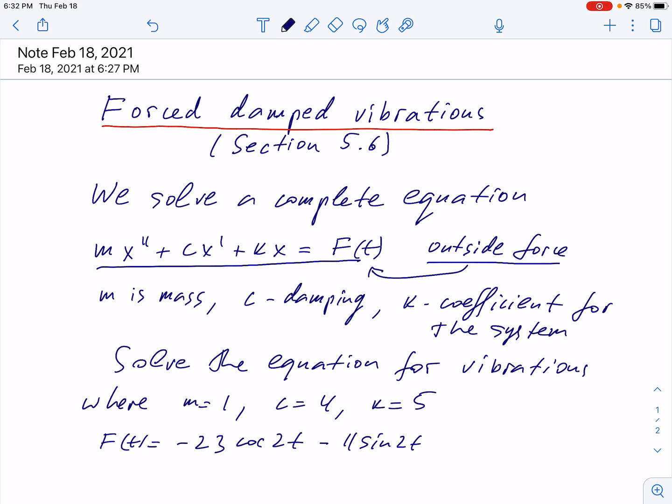So the outside force is periodical with frequency 2.